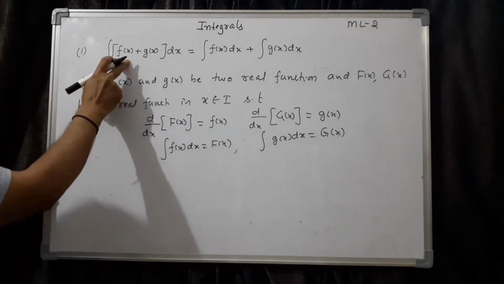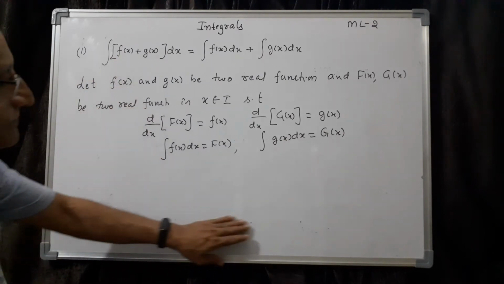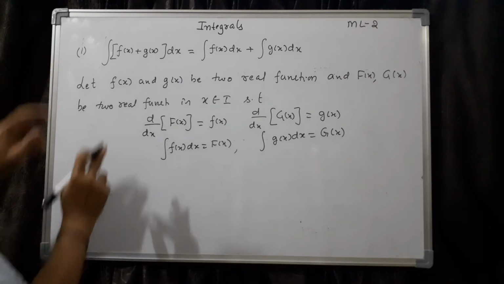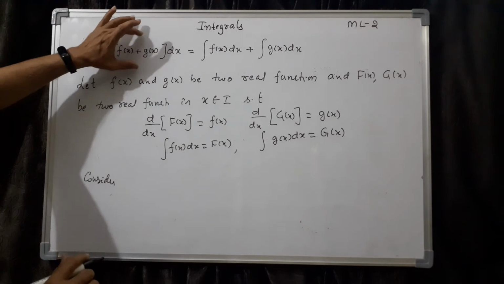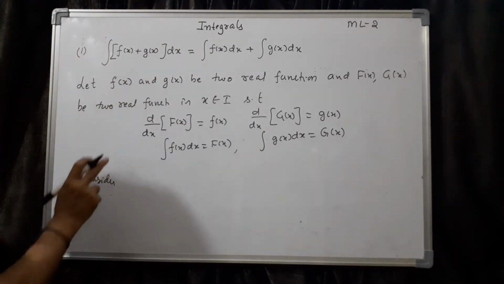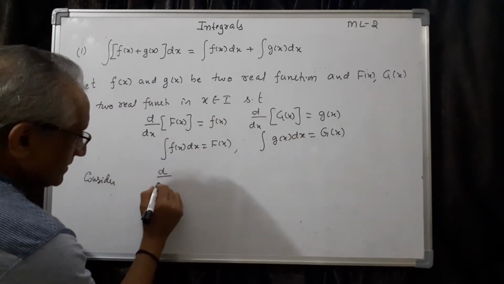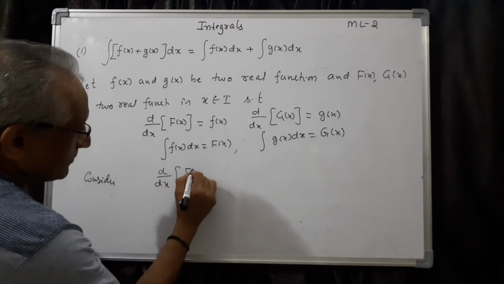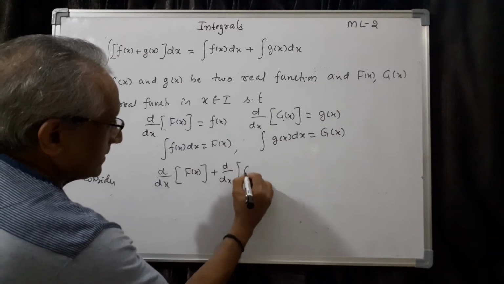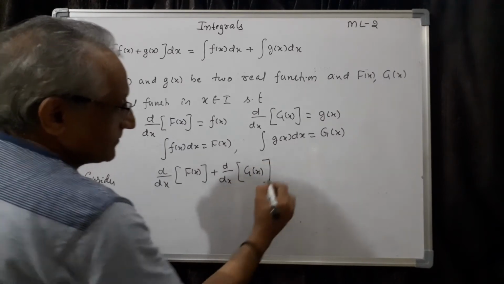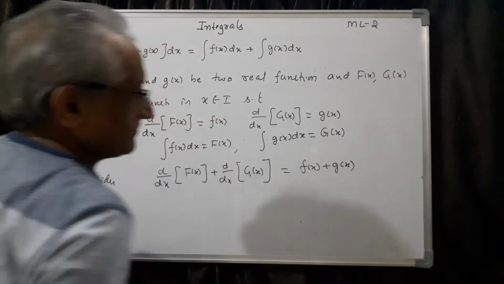Now you take this left hand side, and you can show that it equals the right hand side. To prove this, consider this. We have to show that this equals this. But what I do is, I will take these two first. So, d by dx of capital F(x) plus d by dx of capital G(x) equals, given f(x) plus g(x).